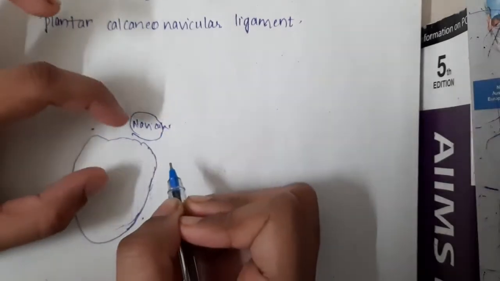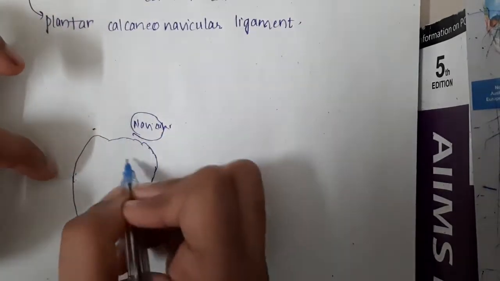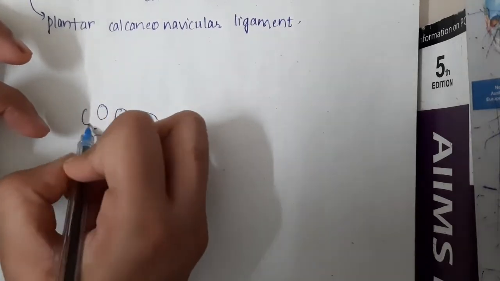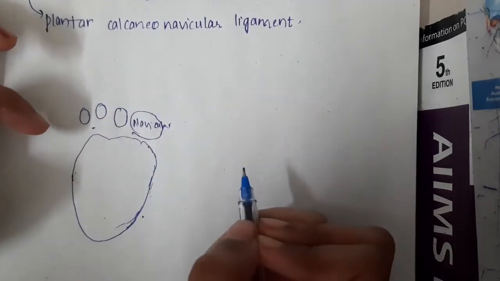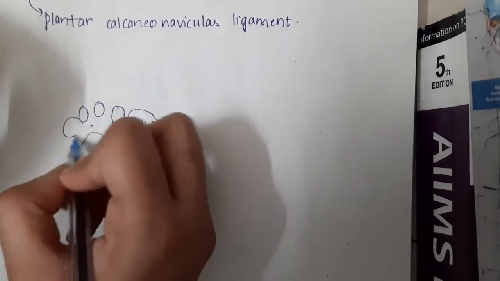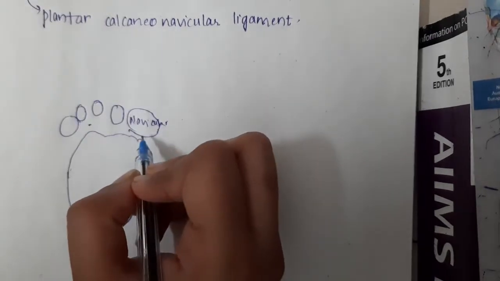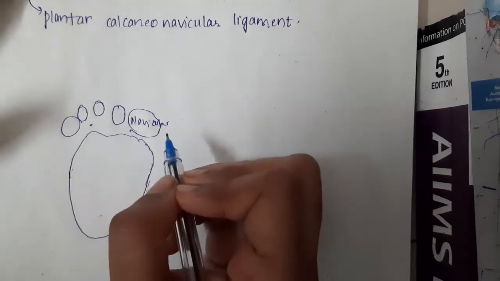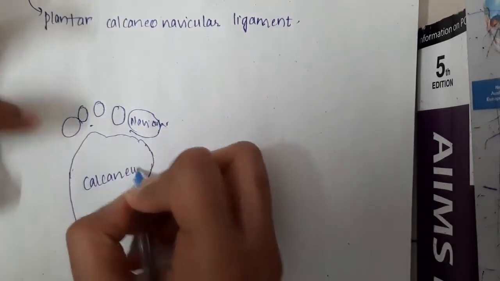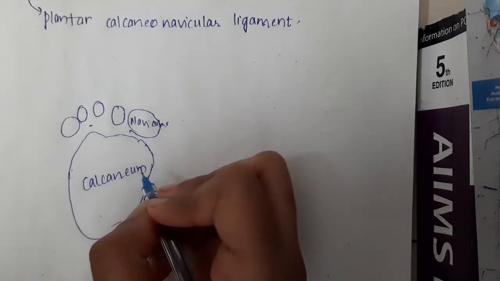Over it you will have the talus, then the cuneiform bones, and also the cuboid bone. All these are not necessary here. The spring ligament connects mainly the calcaneum with the navicular bone.